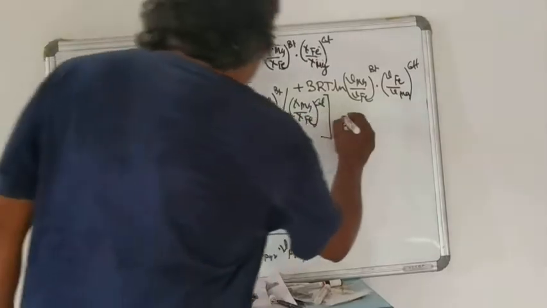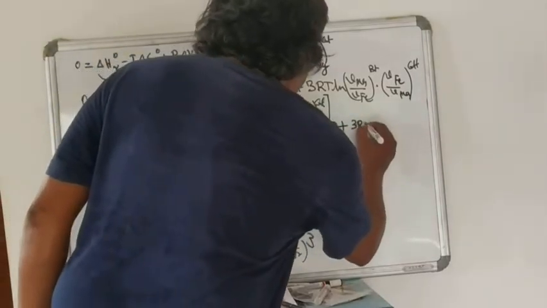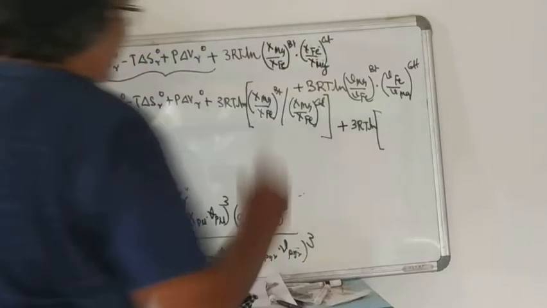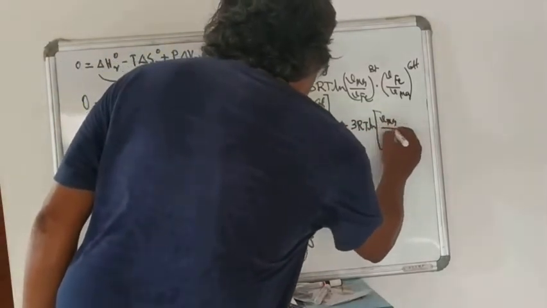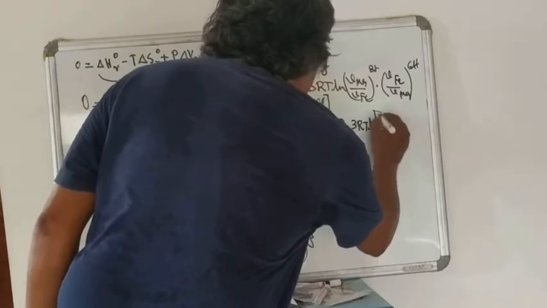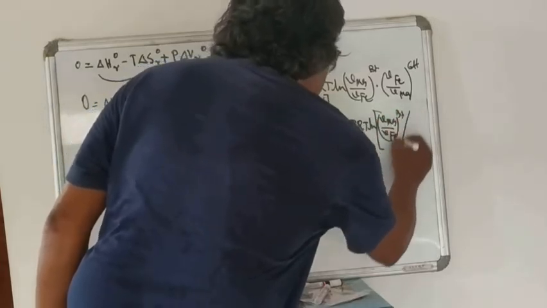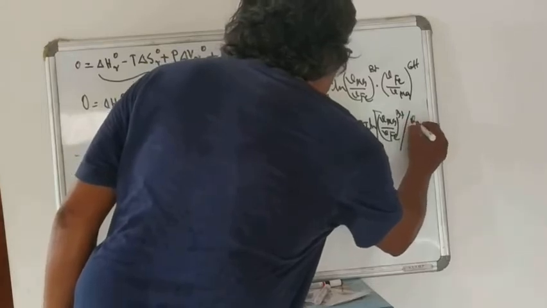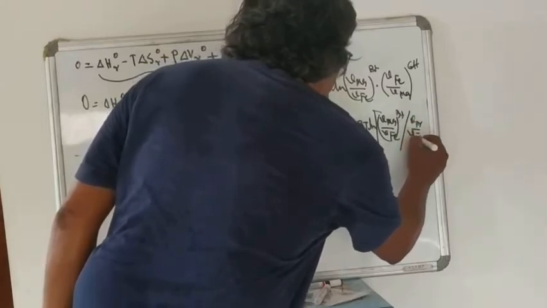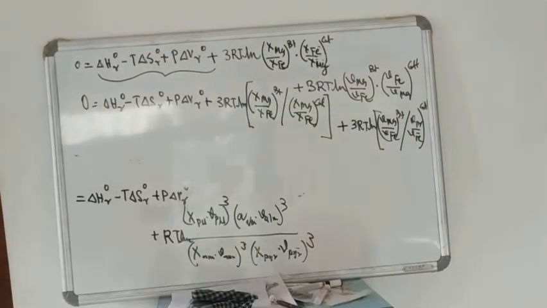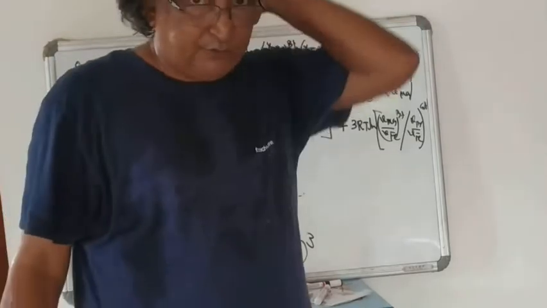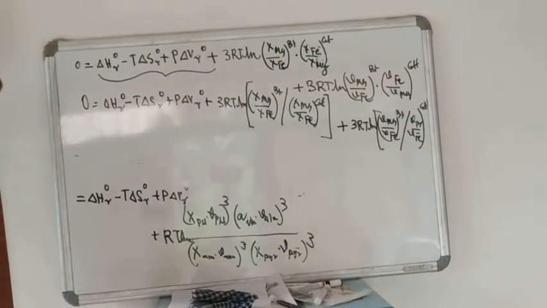Plus, it's the same, 3 RT ln and this. So it will be gamma Mg by gamma Fe in biotite divided by gamma Mg by gamma Fe garnet. Have you understood? This is where we come to. Now this is interesting. You must understand now.